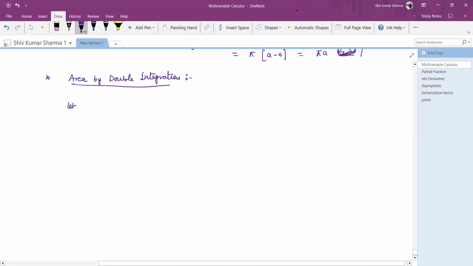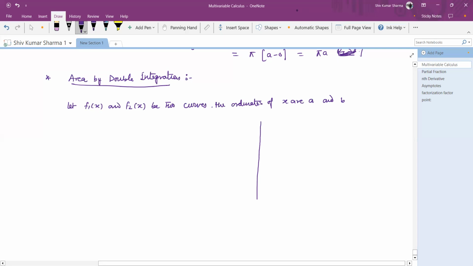So for this, we have two curves f1(x) and f2(x). The ordinates of x are a and b.